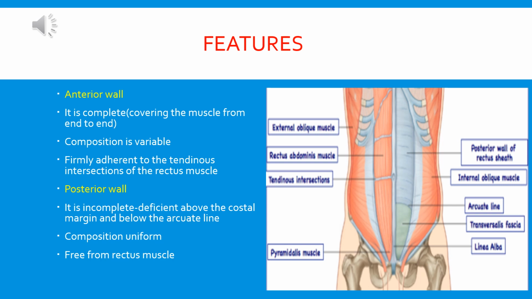Below, the posterior wall presents a free curved margin with concavity facing inferiorly called the arcuate line or the line of Douglas. It is seen between the umbilicus and the pubic symphysis. Below this level, the muscle lies directly on the fascia transversalis.